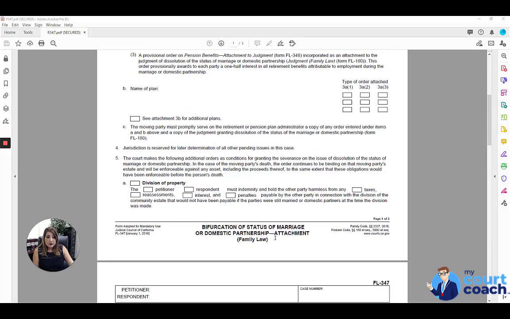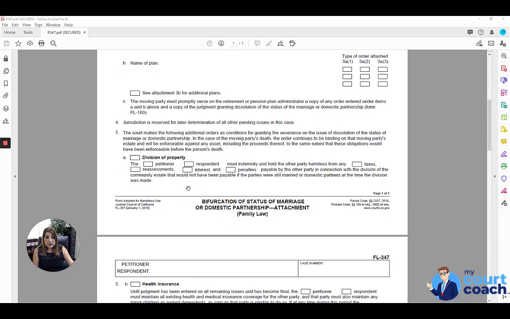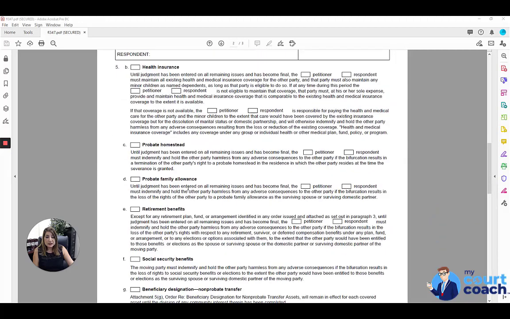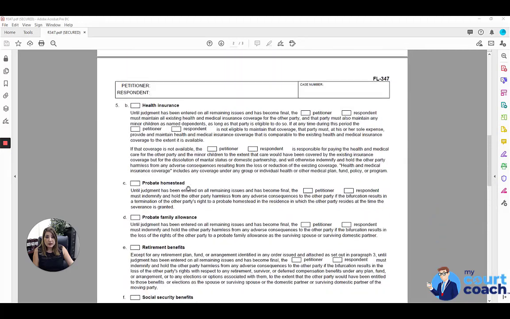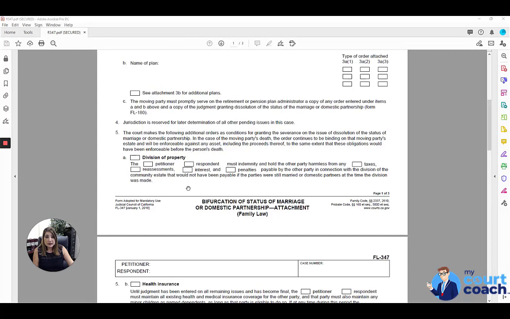When we were going over the form FL-315, which is the request for a separate trial, we indicated that there were certain orders that the court would have to make. And so this next couple pages is in alignment with the orders that were listed on the FL-315. And this, again, only pertains to a bifurcation of marital status.